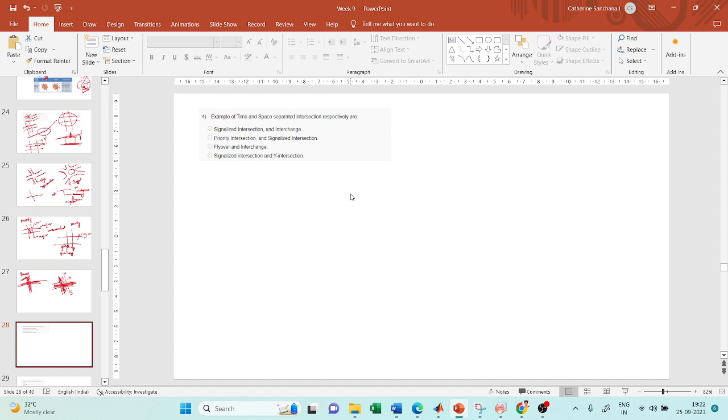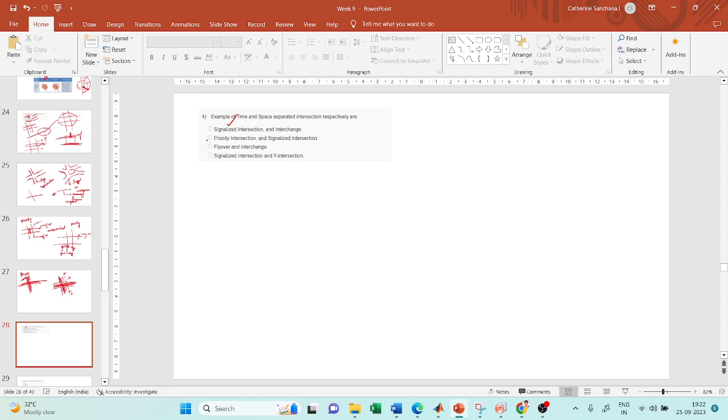Now moving on to the next example. Example of time and space separated intersection respectively. Okay, so let us mark the time separated intersection. A signalized intersection or time separated intersection? Yes, we saw. Priority intersection is a time separated intersection.